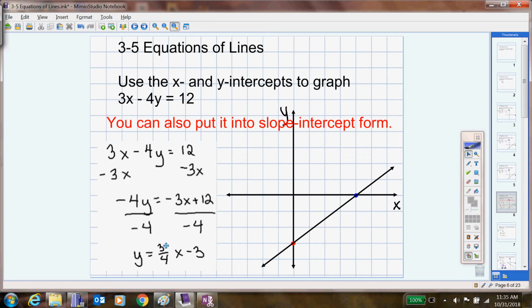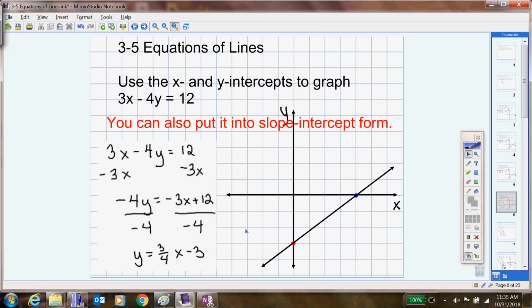So up 3, right 4. Rise 3, run 4. Starting it here, up 3, 1, 2, 3, over 4, 1, 2, 3, 4. 3/4, rise over run. It's another way of finding that same graph. So intercepts, but also by rise over run, slope-intercept form.